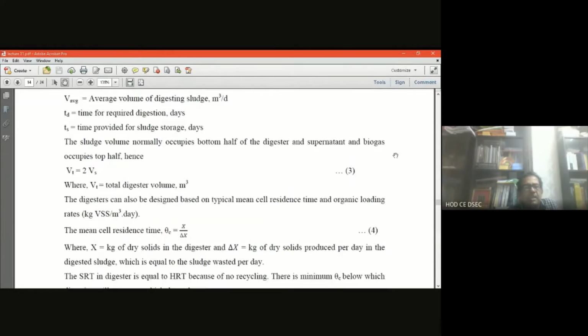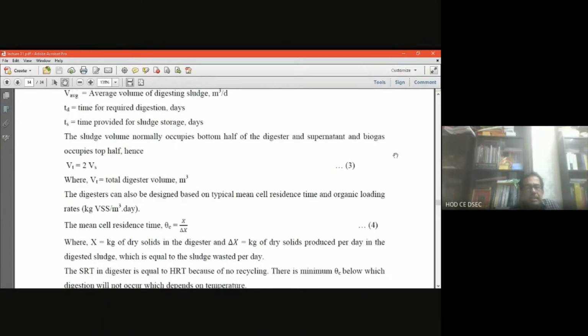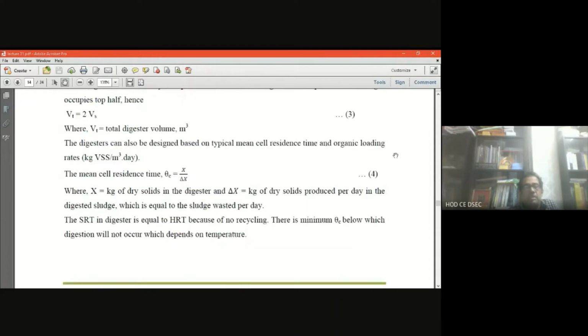So what is the mean cell residence time? Theta c equals X by delta X. What is X? This is the kg of dry solids in the digester, and what is delta X? Kg of dry solids produced per day. Automatically, if we divide the kg of dry solids in the digester by the kg of dry solids produced per day, we will get the days, which is the time in which the sludge is wasted, that is the solid retention time, that is the mean cell residence time.